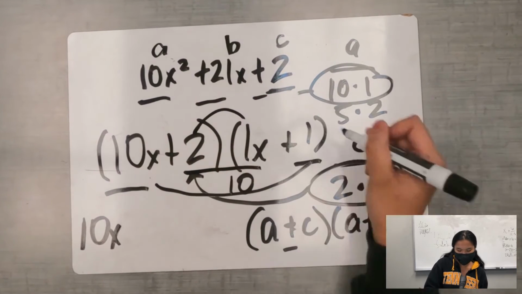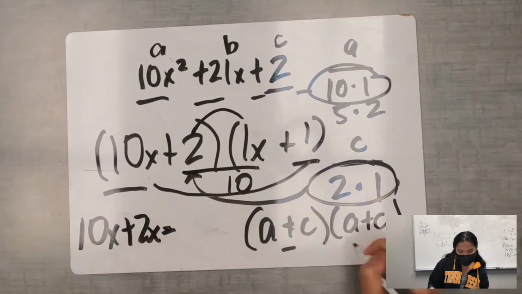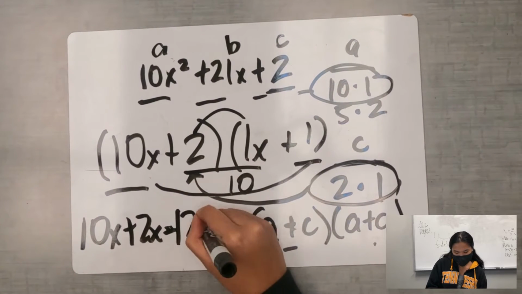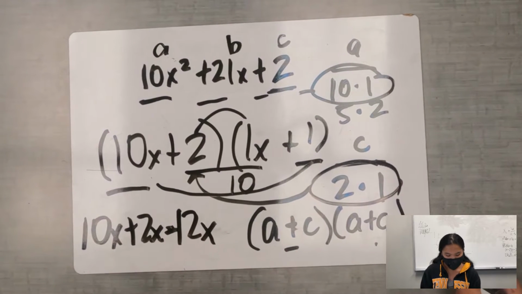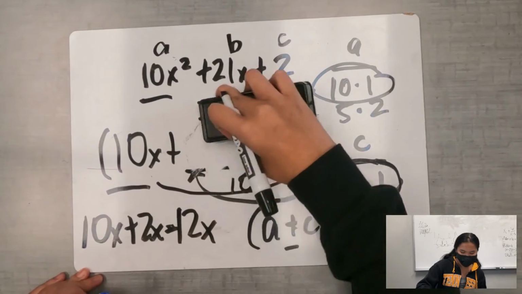So 2 times 1x would be 2x, and that should equal b, which is 21, but this is 12x. So we can't really use this. That's why order is important in here, because it needs to be in the right place. So we can try and switch up our c's.